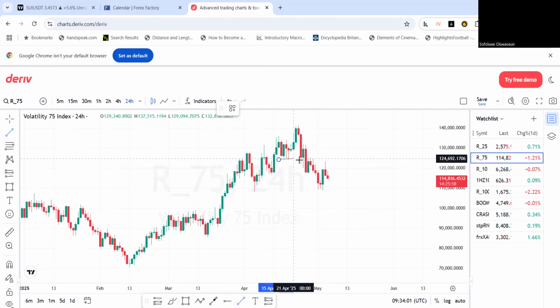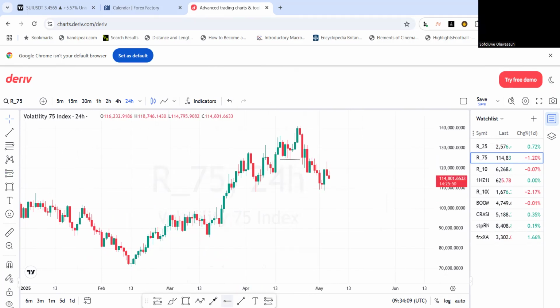Price broke this low. Broke this low also. Broke this low also. So you can see it's trying to break this last low here.